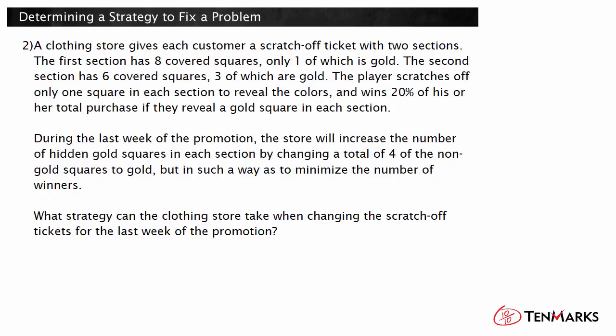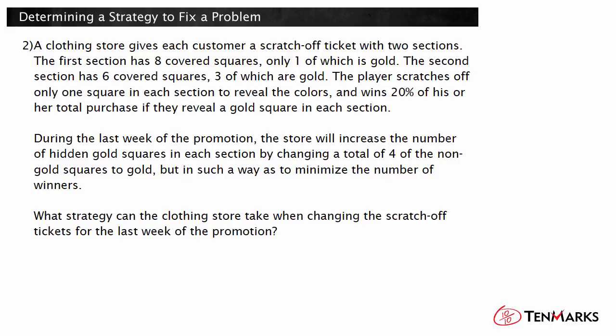During the last week of the promotion, the store will increase the number of hidden gold squares in each section by changing a total of 4 of the non-gold squares to gold, but in such a way as to minimize the number of winners. What strategy can the clothing store take when changing the scratch-off tickets for the last week of the promotion?